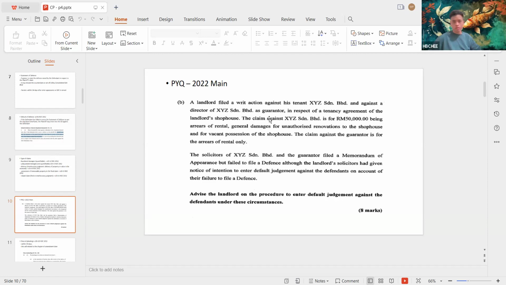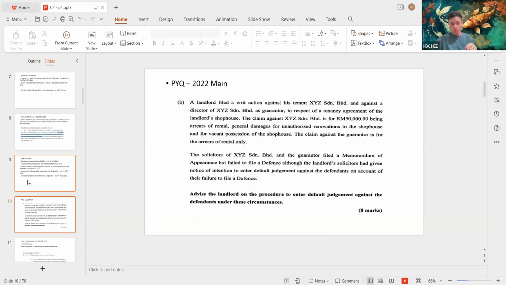Okay, so this question asks for the plaintiff to enter default judgment against the defendant because he has failed to serve the statement of defense. And this is exactly what we covered last night. For this, the first thing is you have to write out the manner of service, like how many days. Based on the fact the defendant has failed to comply, now the landlord has the option to enter a judgment in default in respect of the defendant's non-compliance.